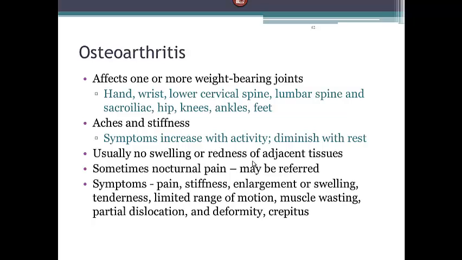Pain, again, is usually worsened by weight-bearing exercises and relieved by rest. Stiffness is less than 30 minutes and lessens with movement. As osteoarthritis progresses, joint motion becomes restricted and tender. Patients complain of crepitus, like a gritting or grating sensation.